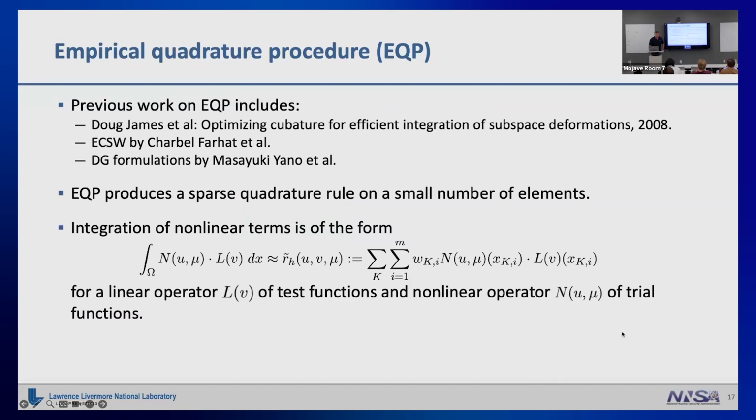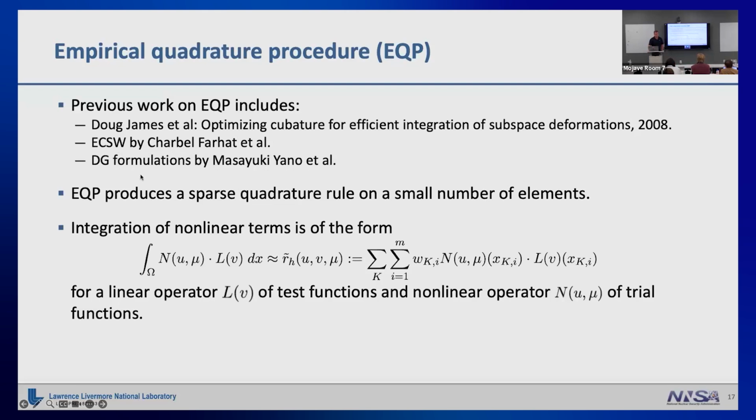So this has been studied by some authors before in the past. We're applying it to the MFEM Laghos in this work for the first time. But it's been studied by Farhat's group, where it's called ECSW. Iano, who I mentioned before, has done this with DG finite element formulations.